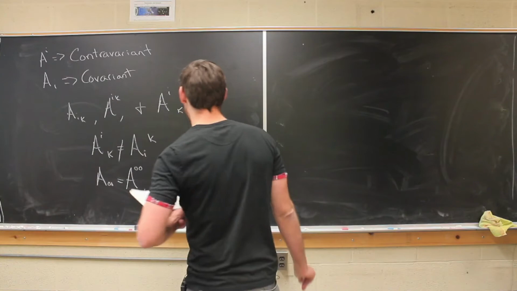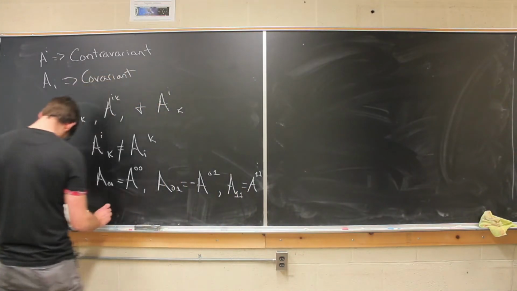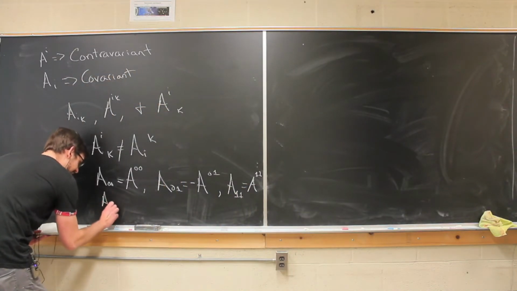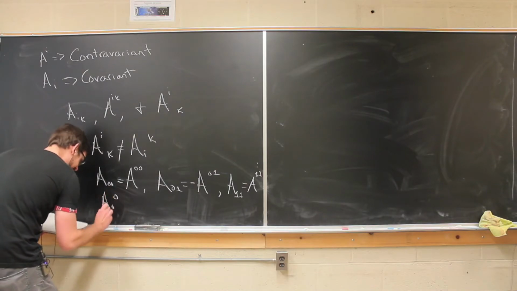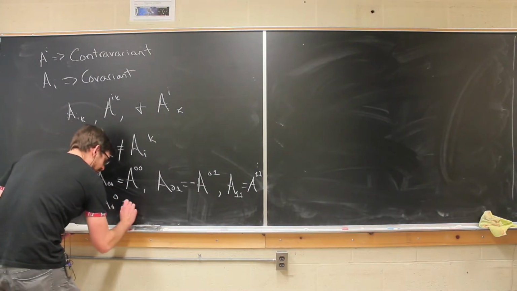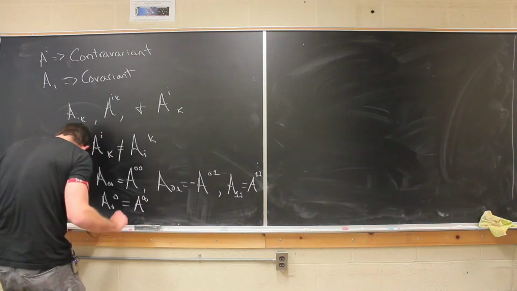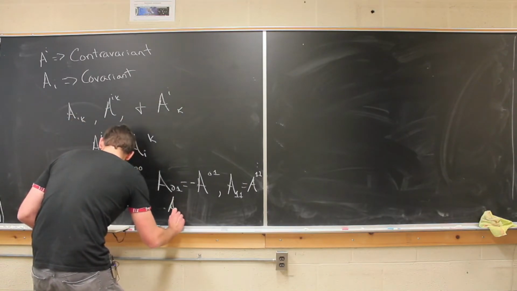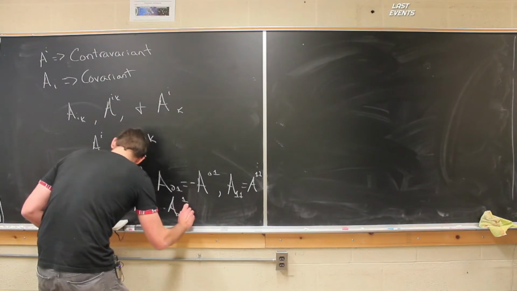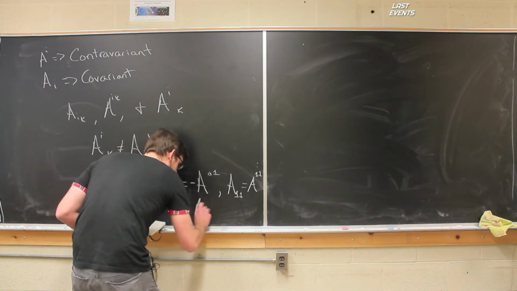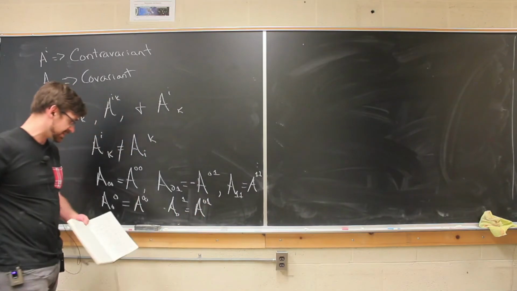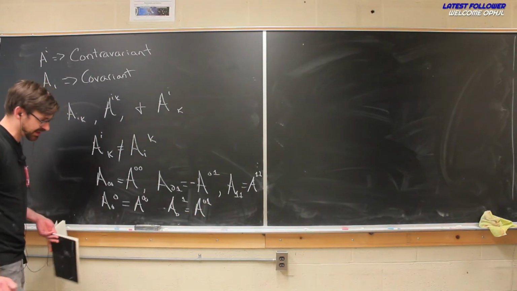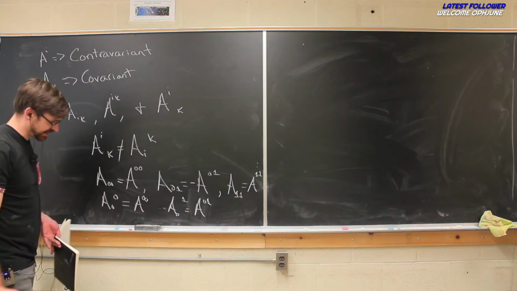Then we can talk about mixed. Actually, let's do mixed over here first, because it's just mixed, and then we can move on. So if it's mixed, what if we have 0 and 0? Then raising that, again, won't affect the sign. But what if we have a 0 and 1 downstairs, and we want to bring them both upstairs? Again, we're only raising one spatial component, so it's okay. Or, I'm sorry, one temporal component, so the sign does not change.